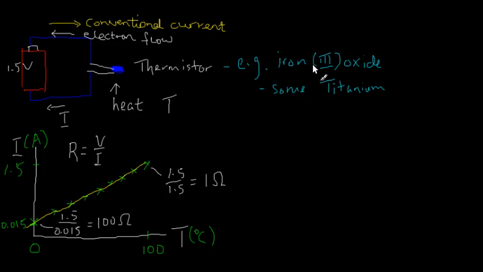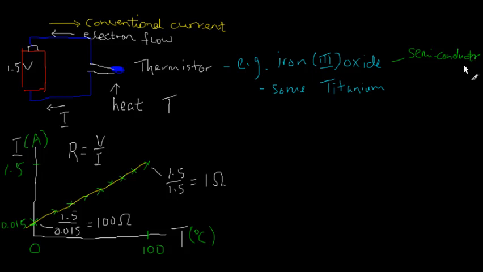we would not go into the details of how this works, but I'll just say very briefly that a thermistor of this material has this unusual property because this material acts as a semiconductor. Now, a semiconductor, you can think of it as essentially a material with very small amounts of conducting electrons.